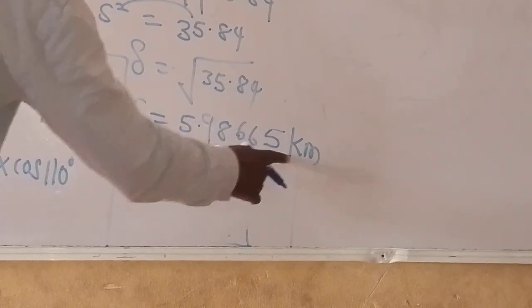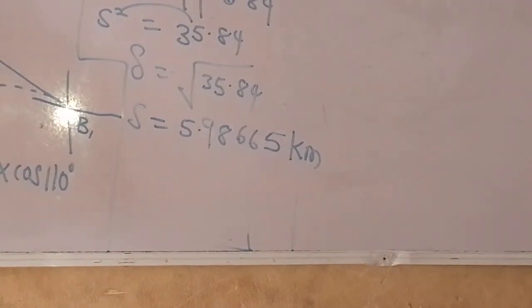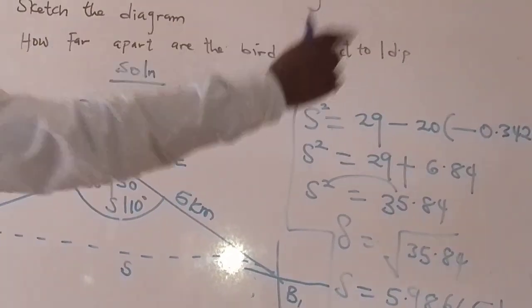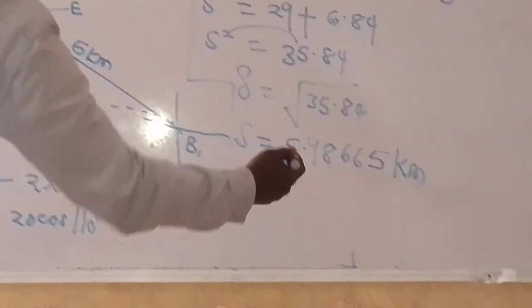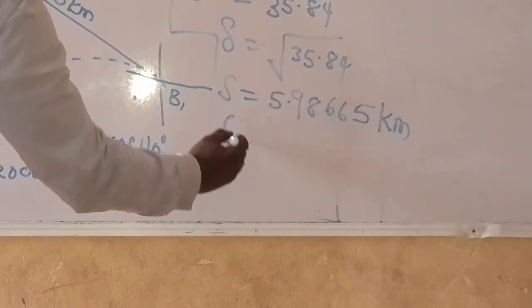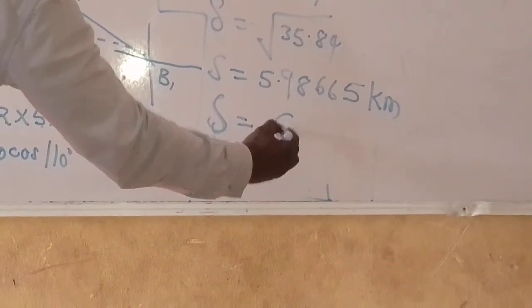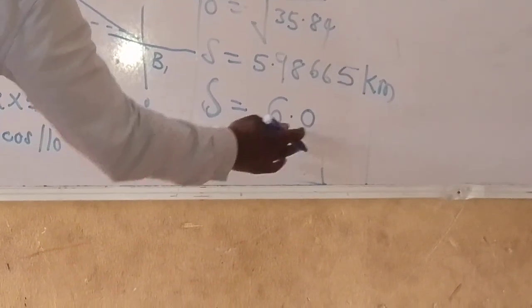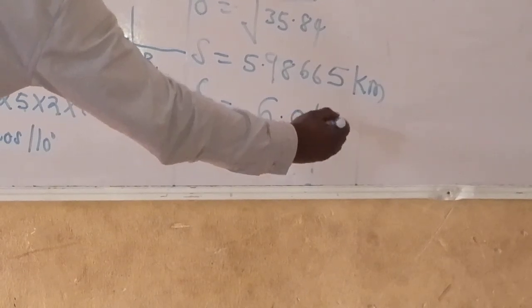Don't forget, the unit is very important. The question says, how far apart are the beds, the distance between the two beds, to 1 decimal place. So if I take this to 1 decimal place, it will be s equals 6.0 kilometers.